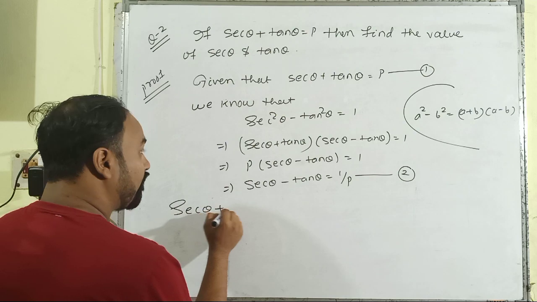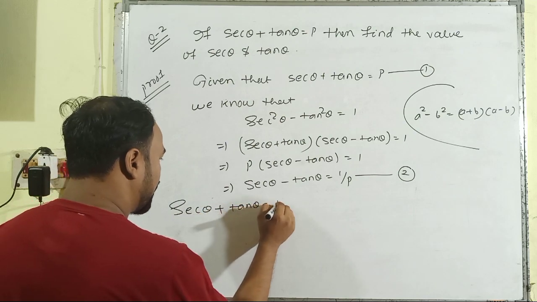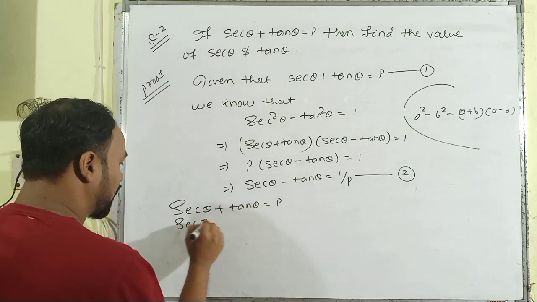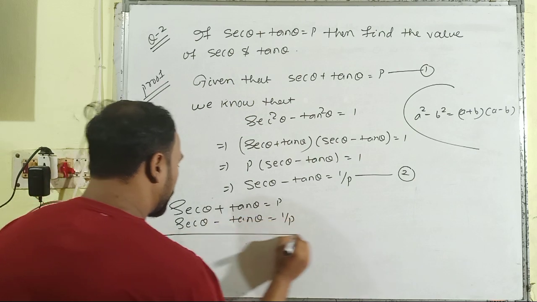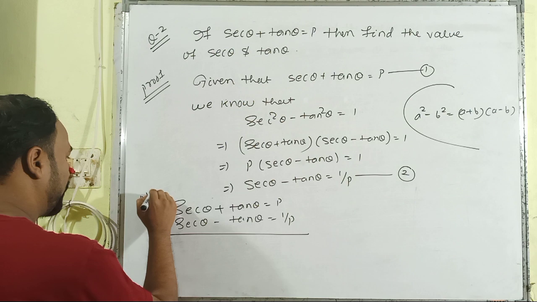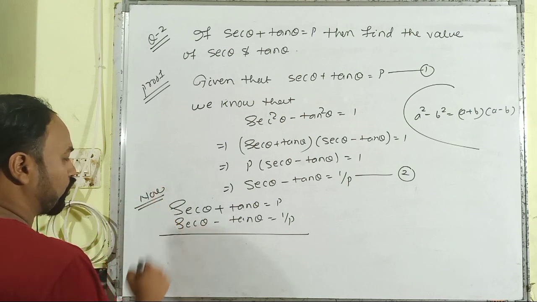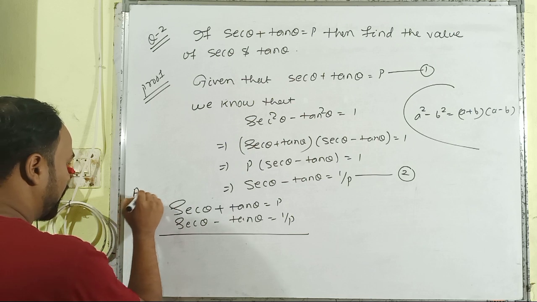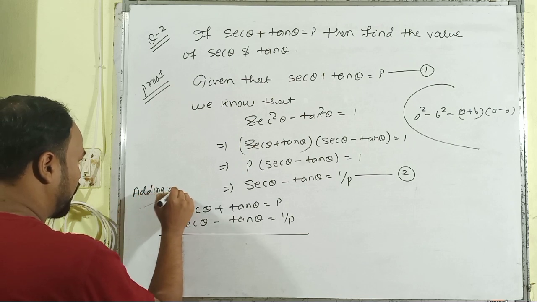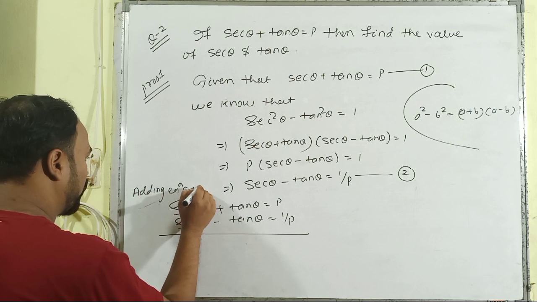As sec theta plus tan theta is equal to p, the value of sec theta minus tan theta is equal to 1 by p. So just adding equation 1 and 2, you may write down here, adding equation 1 and 2.